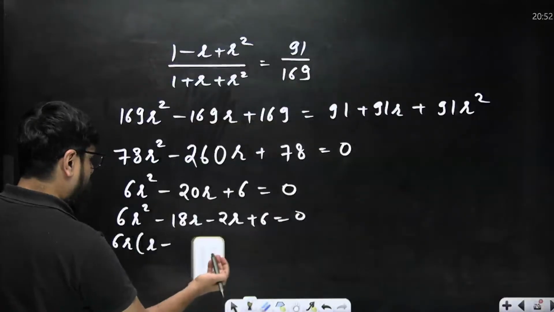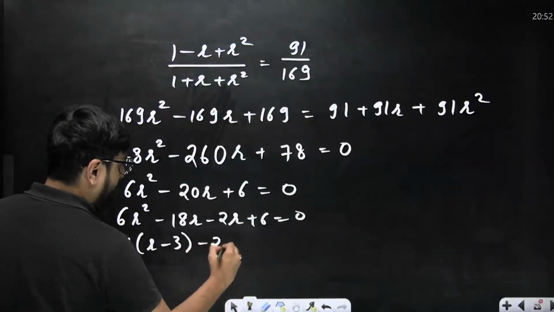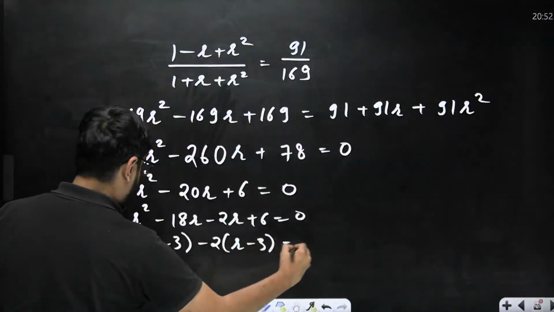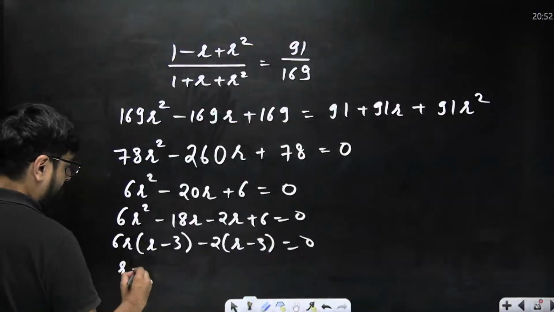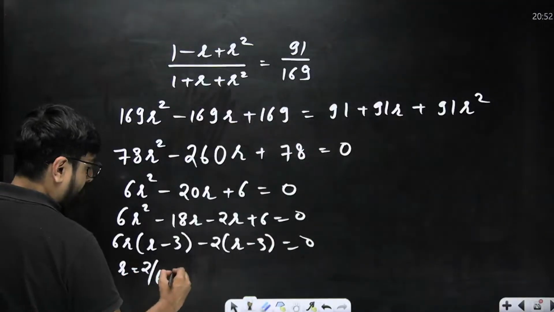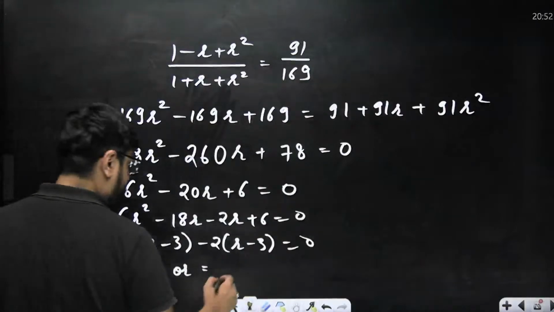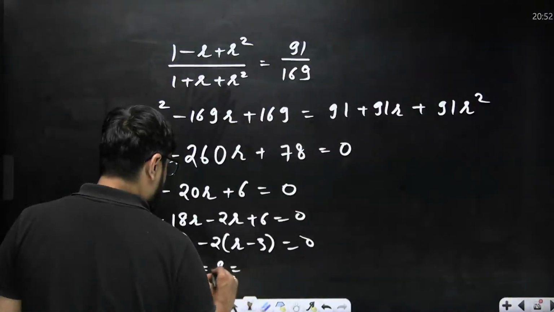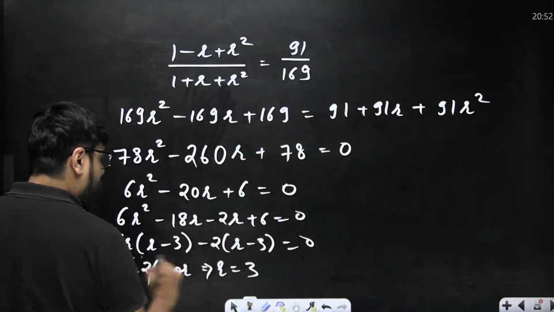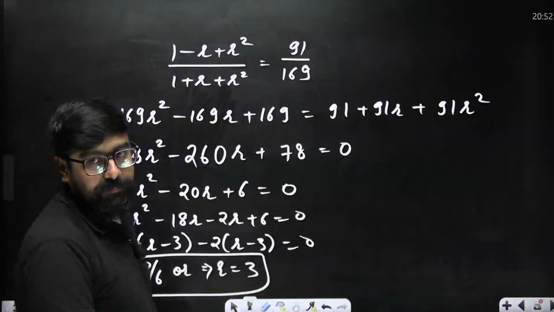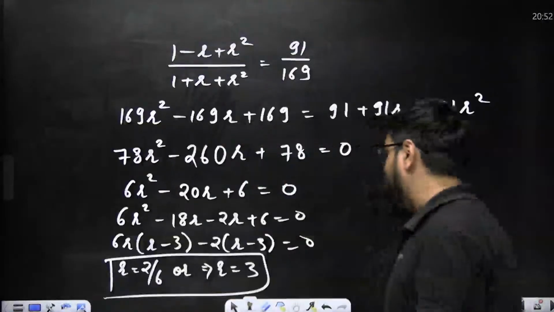I understand. R is equal to 3. Either it is 2 by 6 or 3, 1 by 3 or 3, right? R is 1 by 3 or 3.